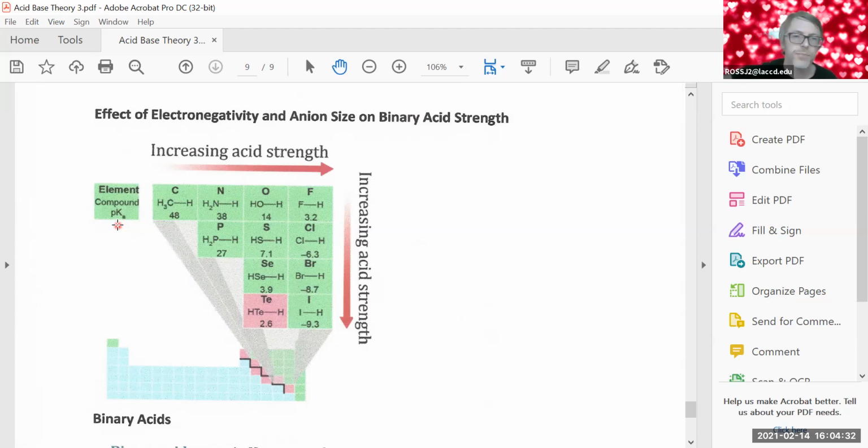Remember, pKa values and their proportionality to, let's see, Ka is proportional to acidity, so pKa is 1 over acidity. All right. So here you've got the pKa values. These are these numbers here.